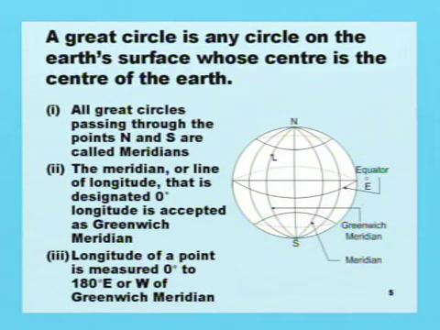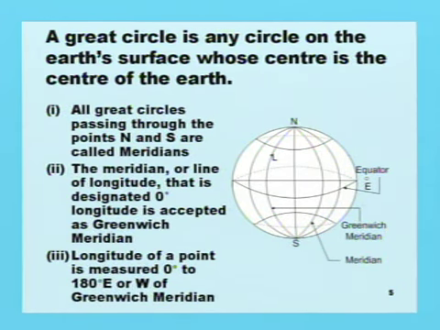A great circle is any circle on the Earth's surface whose center is the center of the Earth. We look at circles going the other way now, going through the North Pole and South Pole. All great circles passing through the North Pole and the South Pole are called meridians.